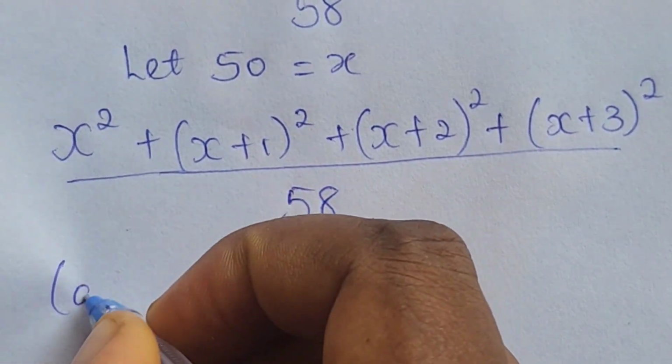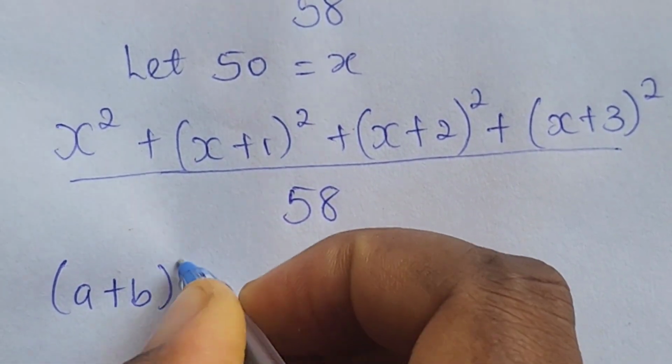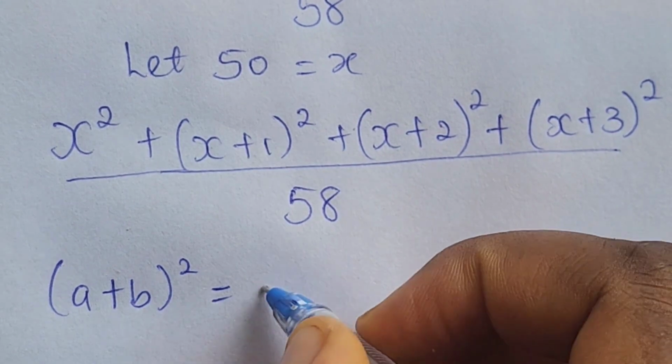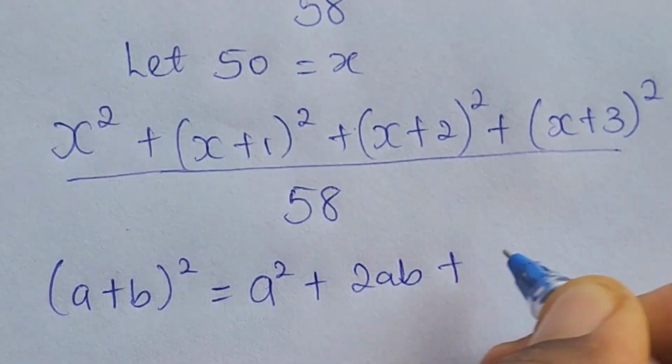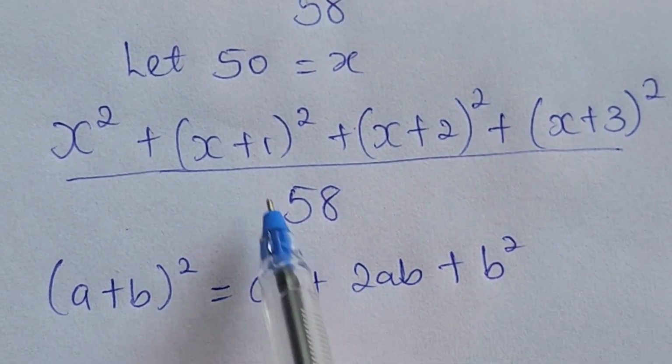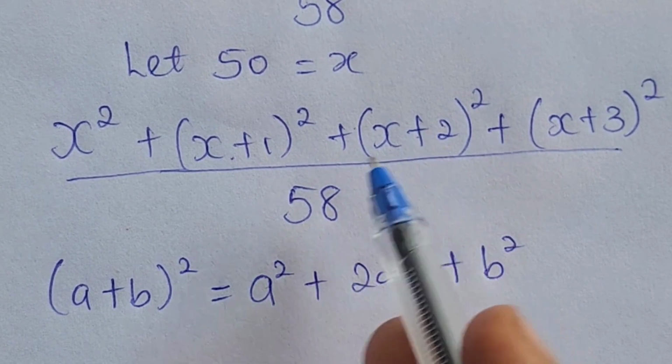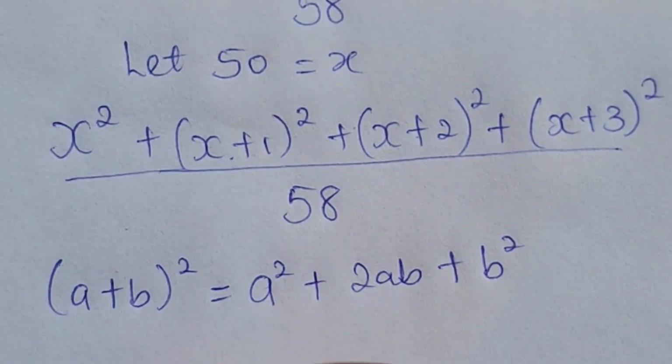Now let's recall that when we have a plus b all squared, this is equal to a squared plus 2ab plus b squared. We'll be expanding these squares here to have x squared.